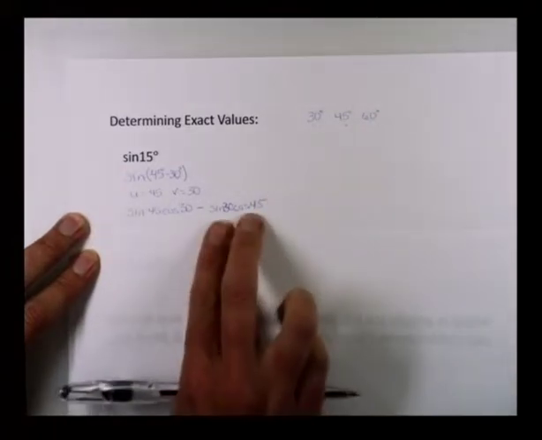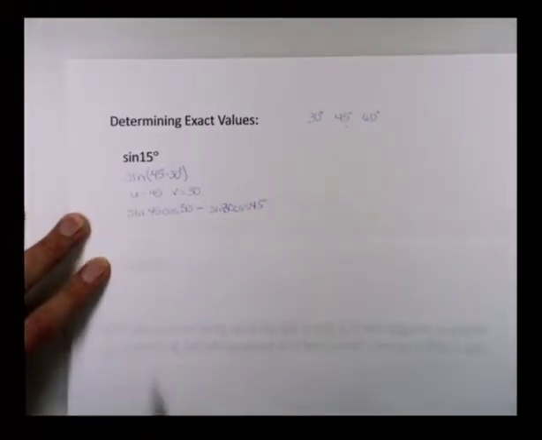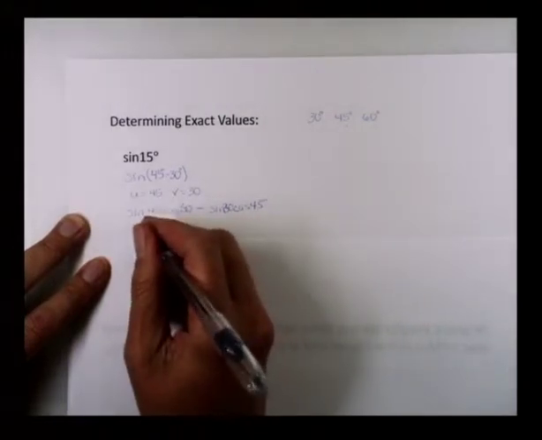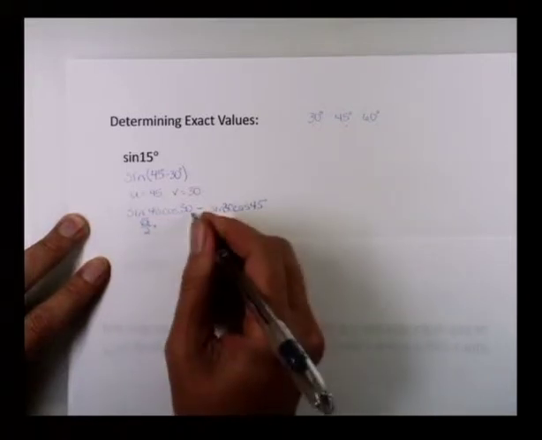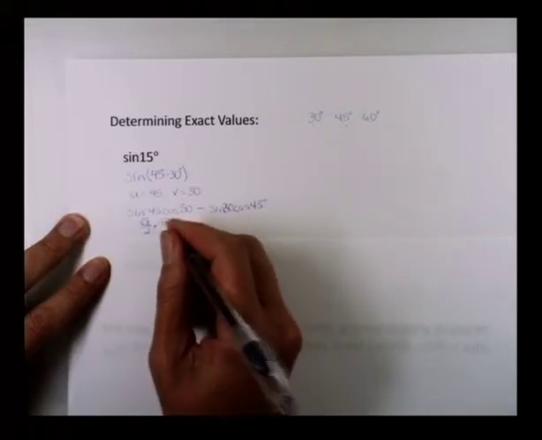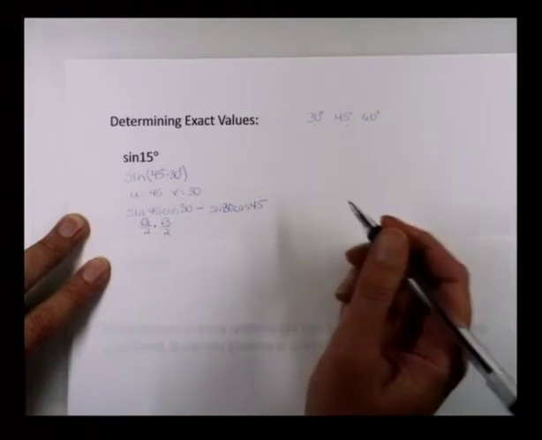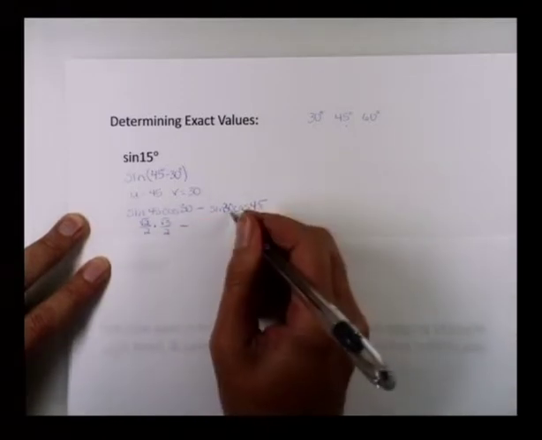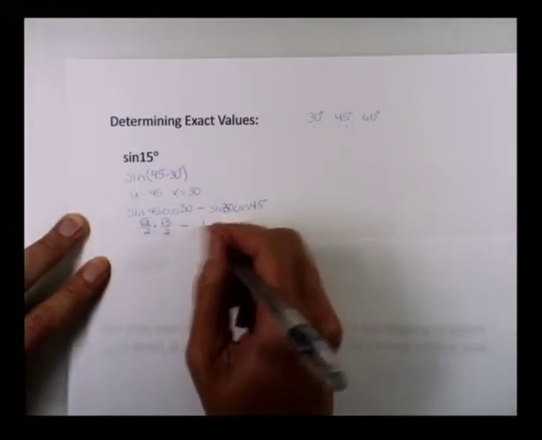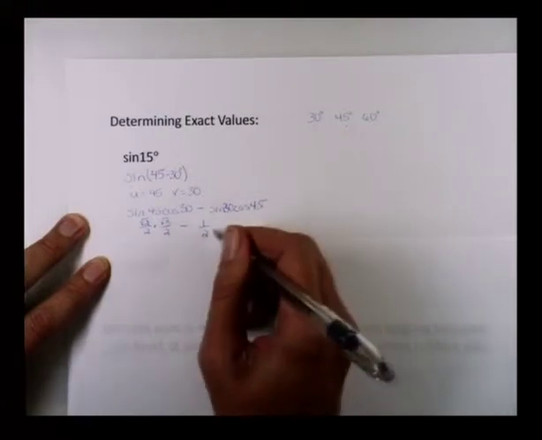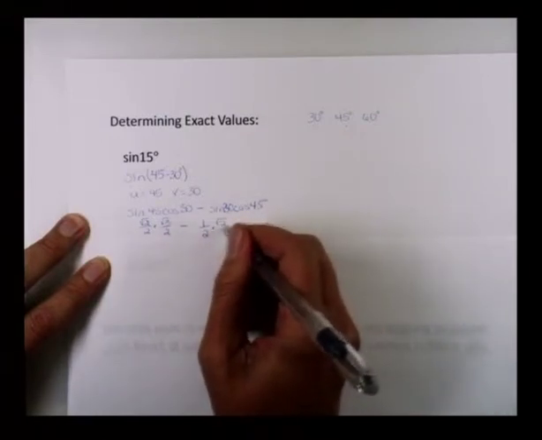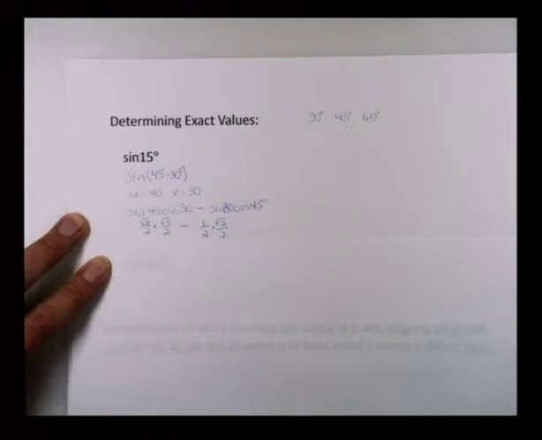I think I flipped those around, but it's still the same thing. So the sine of 45 I know is radical 2 over 2 times the cosine of 30, which is radical 3 over 2, minus the sine of 30, which is 1/2, and the cosine of 45 is also radical 2 over 2, just like the sine of 45.